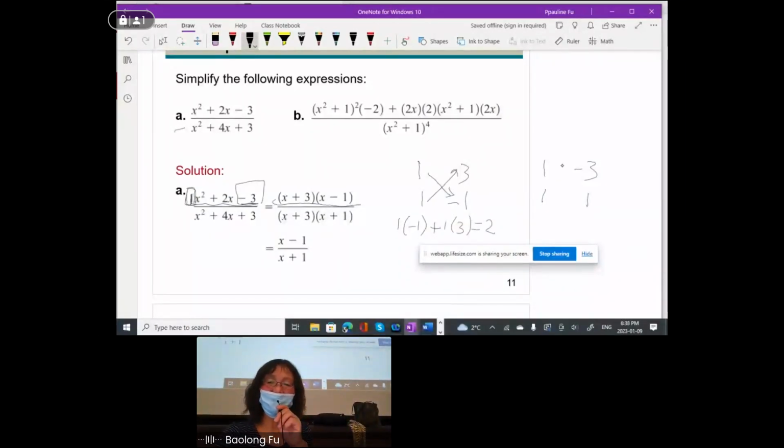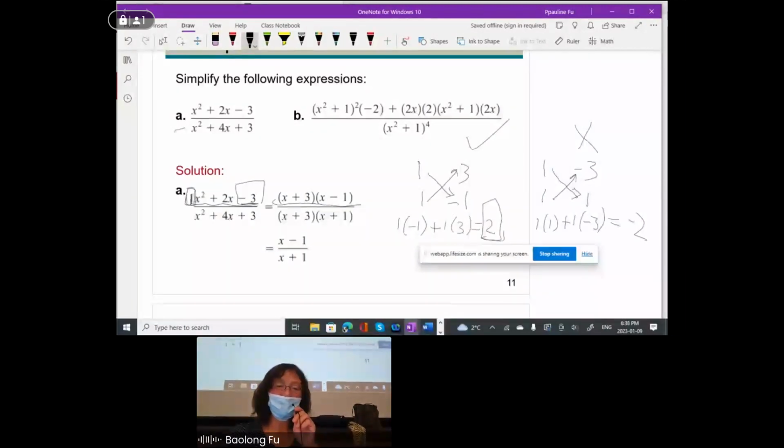Now look at this picture: 1 times 1 plus 1 times -3. The result is -2. Which one is correct? I say this one is correct, this one is wrong. The reason is that these two match the coefficient of x. So what is the number in front of x? It is 2. That's why this option is correct.